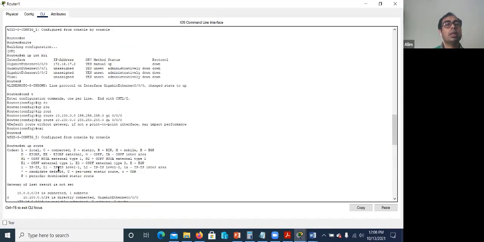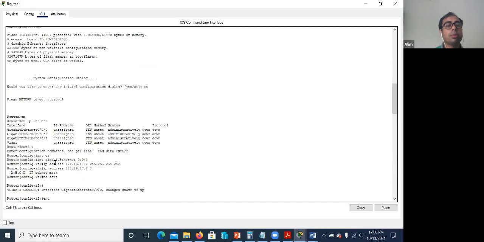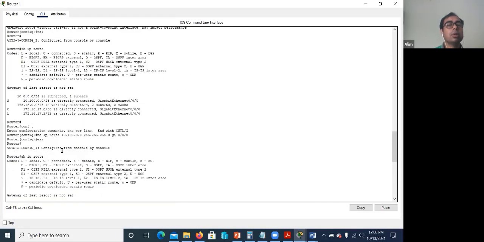But in our earlier routing table, what was the scenario? There was this network connected via this link. So what I am trying to make you understand is that we can give the static routing command in two ways.